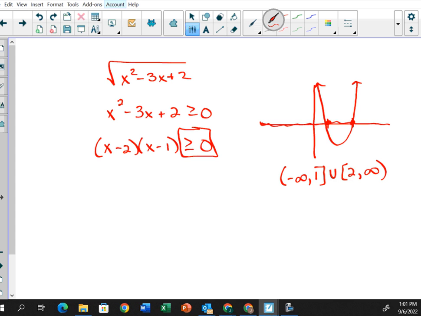But what about the radical? So the radical, like this is not the graph of the square root function. This is a graph of the quadratic under the square root function, so you can figure out the domain. But does the domain change with the square root?